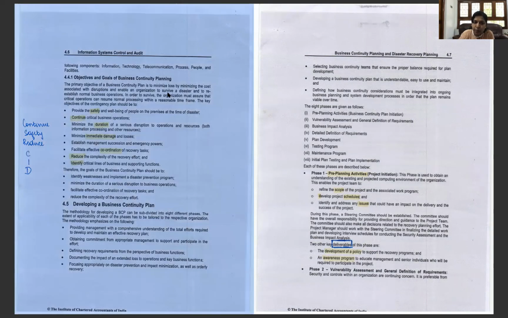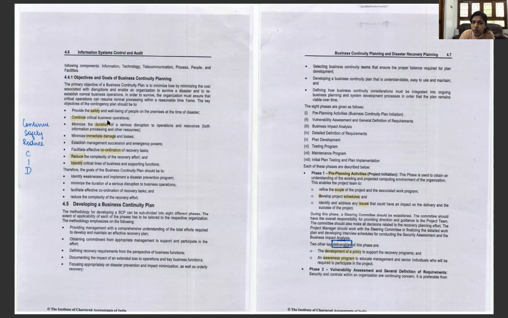Let us see it in points. The key objective of a BCP should be, and we are going to play with some mnemonics here, to continue safety and reduce CID. So continue what? Continue critical business operations.